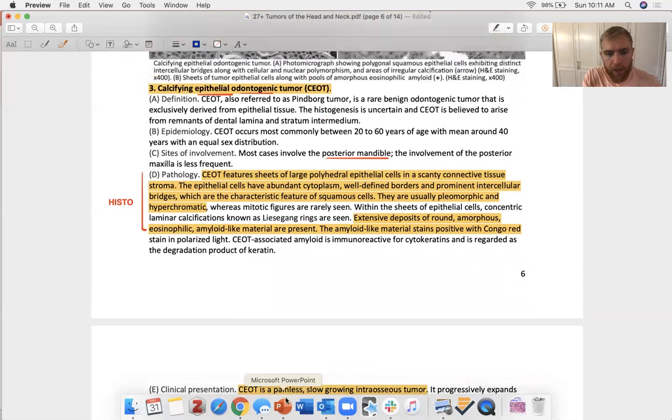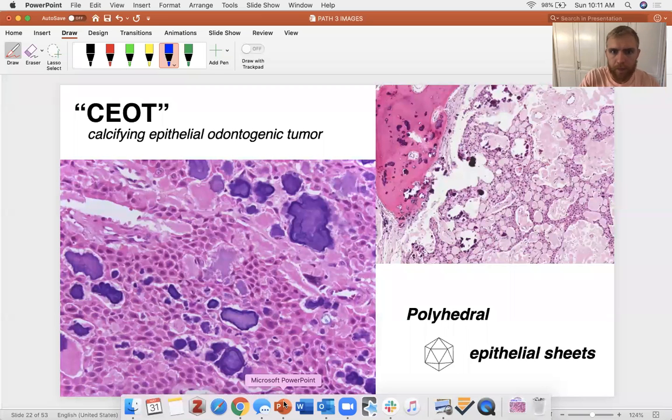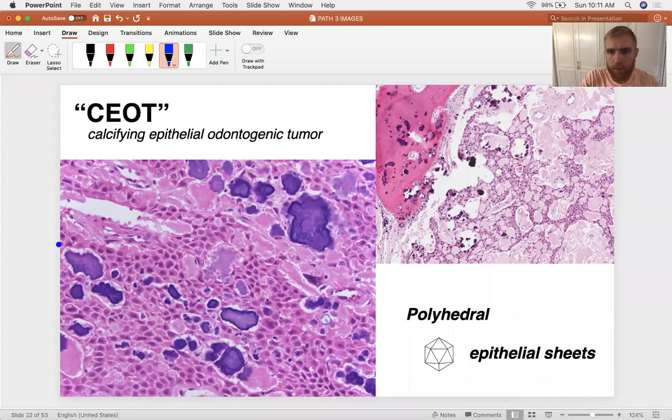Let's quickly look at the histology. It features sheets of large polyhedral epithelial cells with abundant cytoplasm and prominent intercellular bridges. So polyhedral means it looks like a 20-sided die.